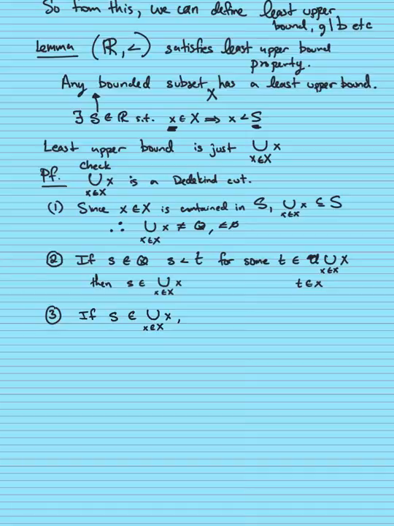So if S is in the union, then of course S is in some element X. And therefore, there exists a rational number S prime in X so that S is less than S prime.